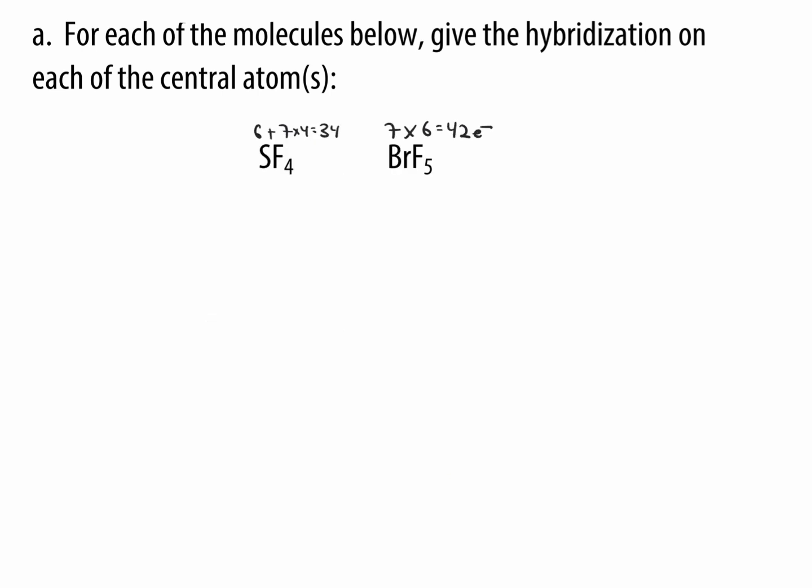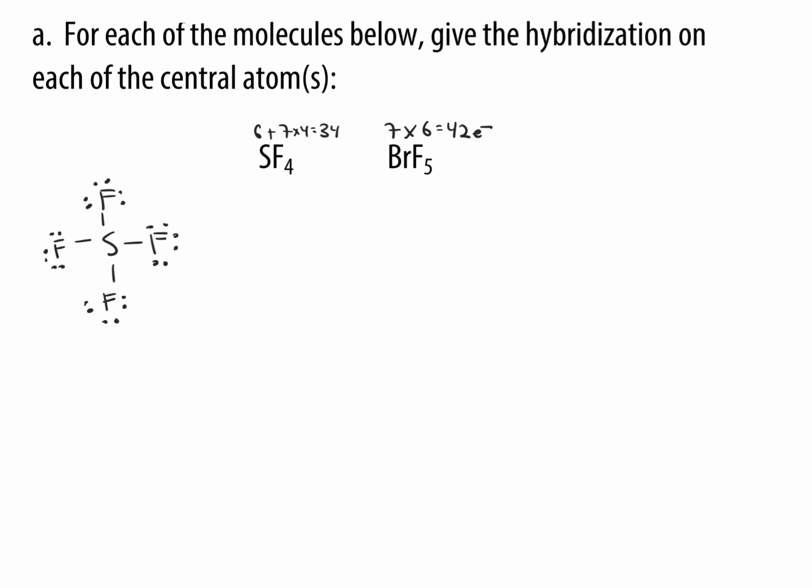Okay, these are maybe slightly harder Lewis structures. For SF4, giving the skeleton structure, and then getting lone pairs on all of the outer atoms.